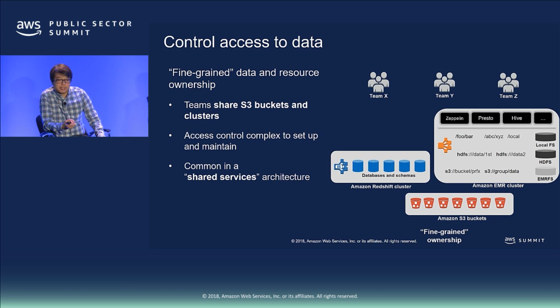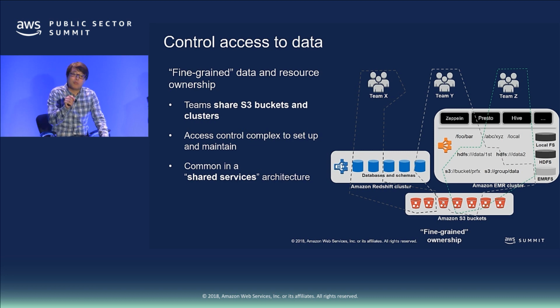And the unfortunate reality is that as people come from on-prem to the cloud, they're taking along that old way of thinking where everyone must have a multi-tenant sort of architecture. And the issue here is that the management just becomes a nightmare. You end up with teams that have specific access to resources, but you need to make sure that Team Y only has access to that little subset of data in that cluster, and Team Z can only have that level of access in that cluster.